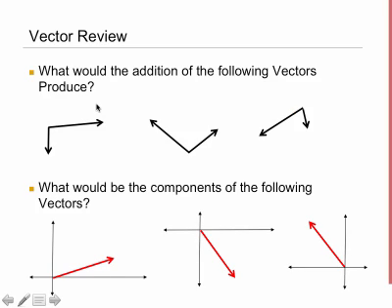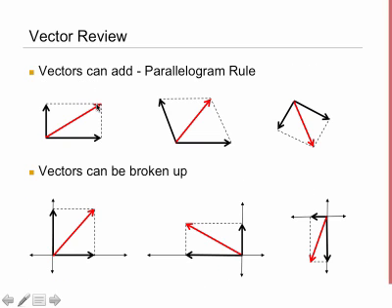The way we do that is we draw a little parallelogram. The dotted line represents the parallelogram. Make sure they're parallel to those other vectors, and then you draw another vector going from the origin of the two together to the opposite end of the parallelogram. And that will be our resultant vector when they add up.